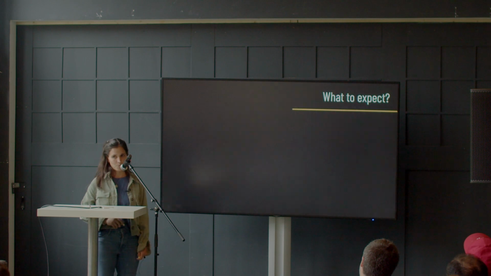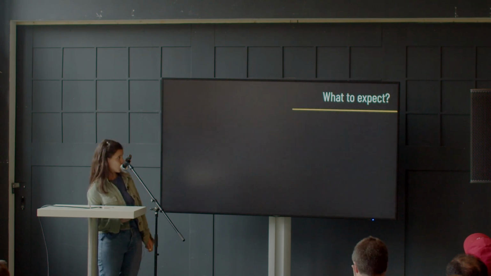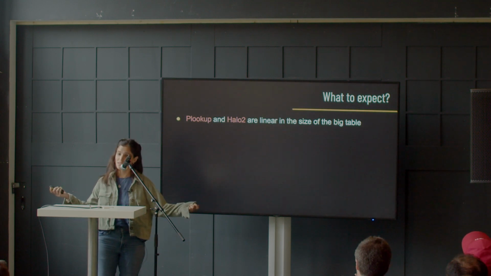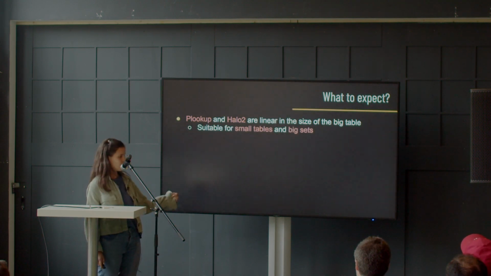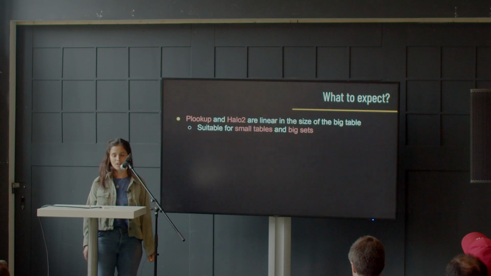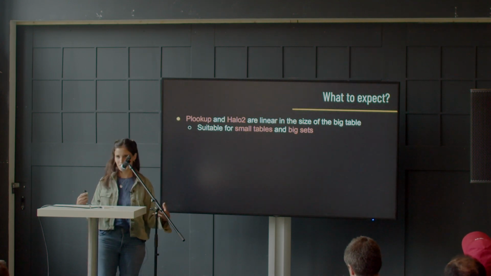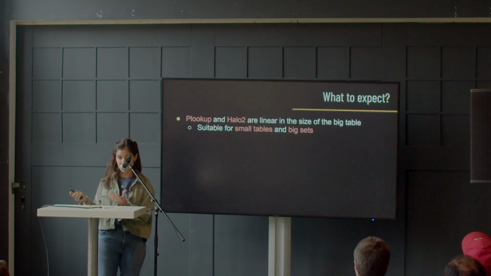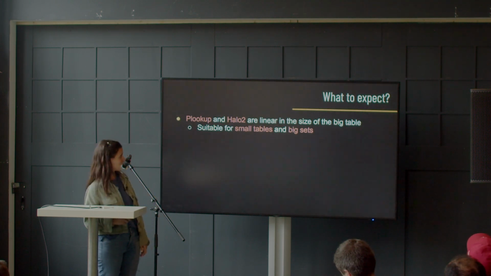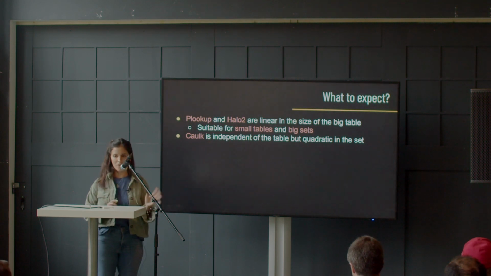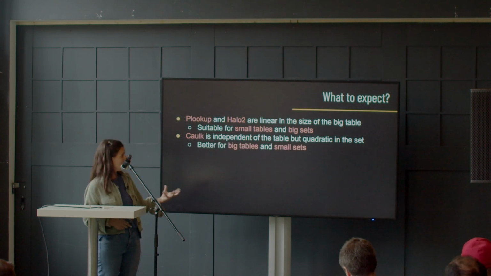So, what to expect? For pairing-based solutions, we already have Lookup and Halo. Those are linear in the size of the big table. So they come out to be very good for small tables where we look up many things. So where the hidden set is big, but the table is small. And for Caulk, right now it's quite the opposite, right? We are quadratic in the size of the small table.